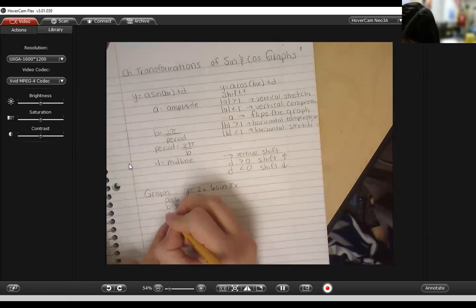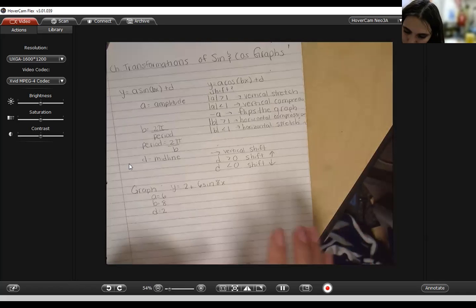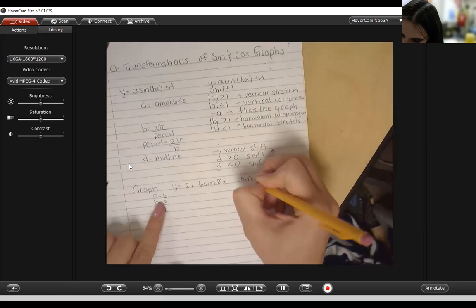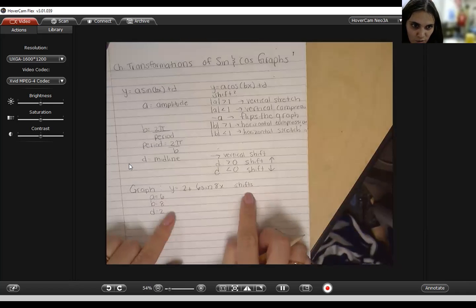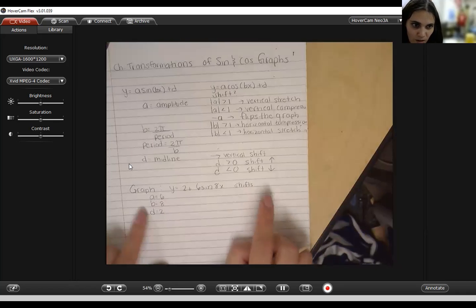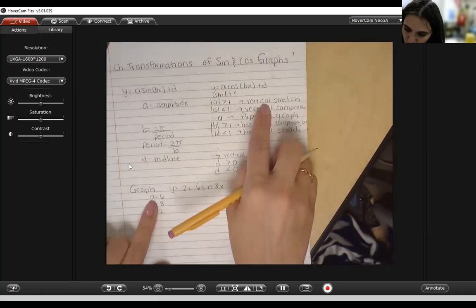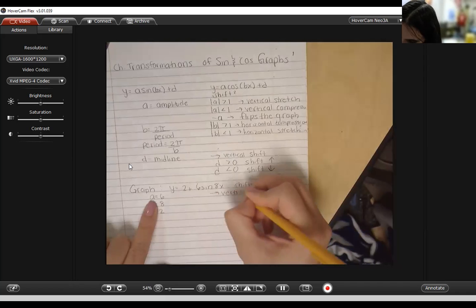All right, so what does that mean? Well, if I were to write my transformations, you'll see a lot of times on your worksheets, it'll tell you to write your shifts or your transformations down. So what do I know? Well, I know that my a value is greater than 1, so it's going to vertically stretch.